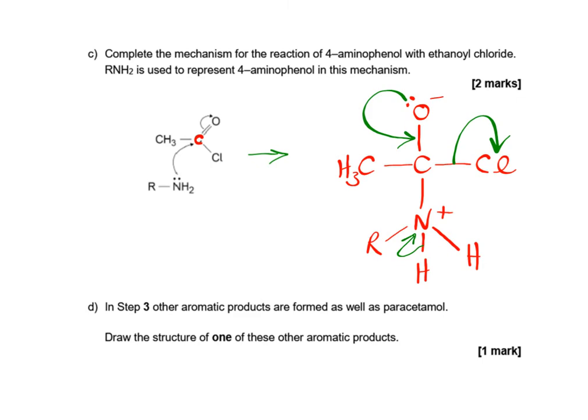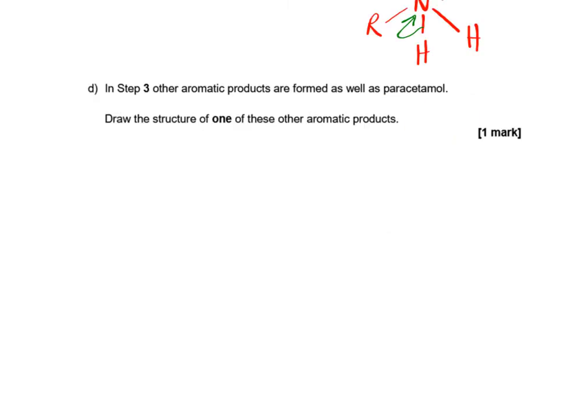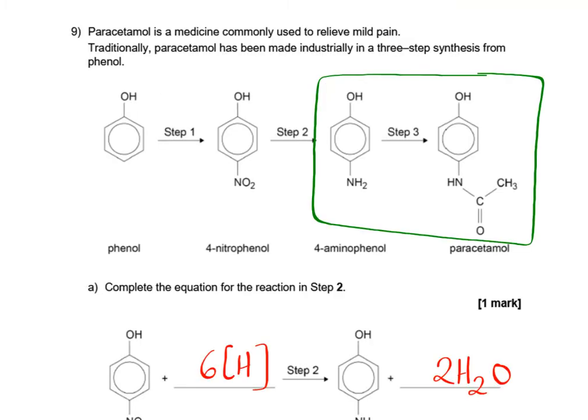And the last point here, another aromatic product that was formed in step 3. So going back to step 3 and remembering in step 3 we probably reacted the amine group with the carboxylic acid or an acyl chloride to make the amide group.